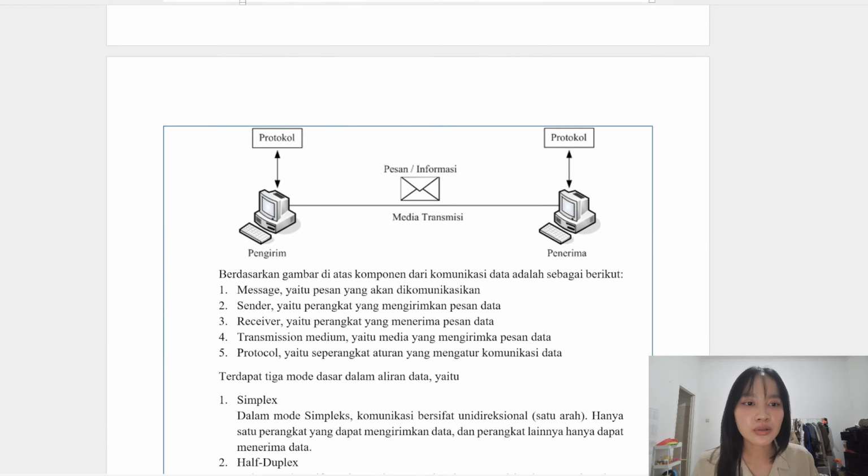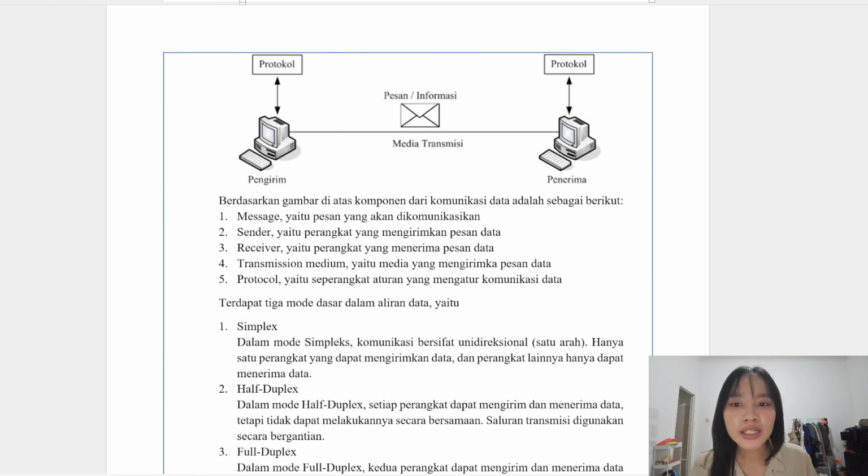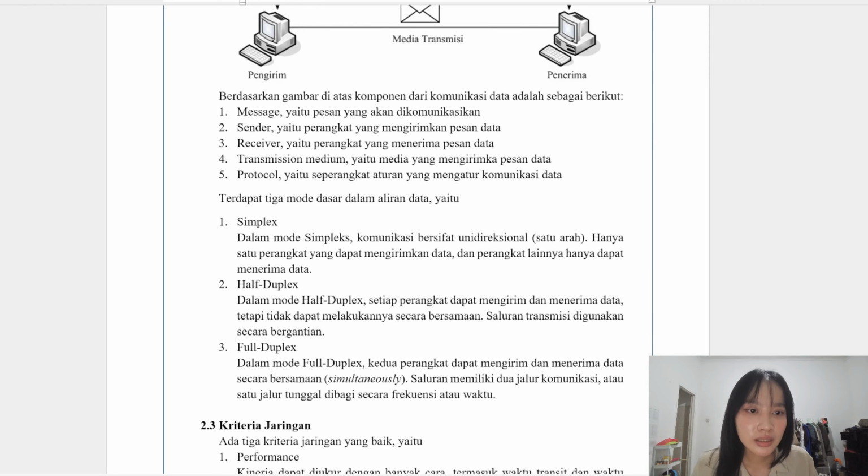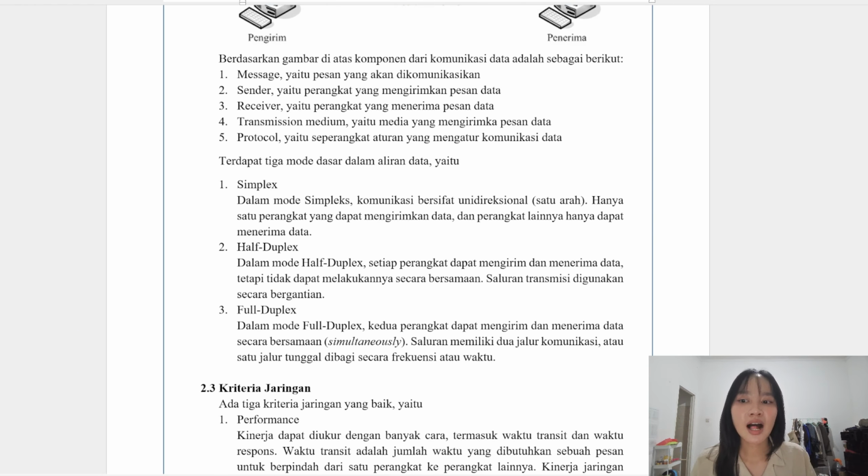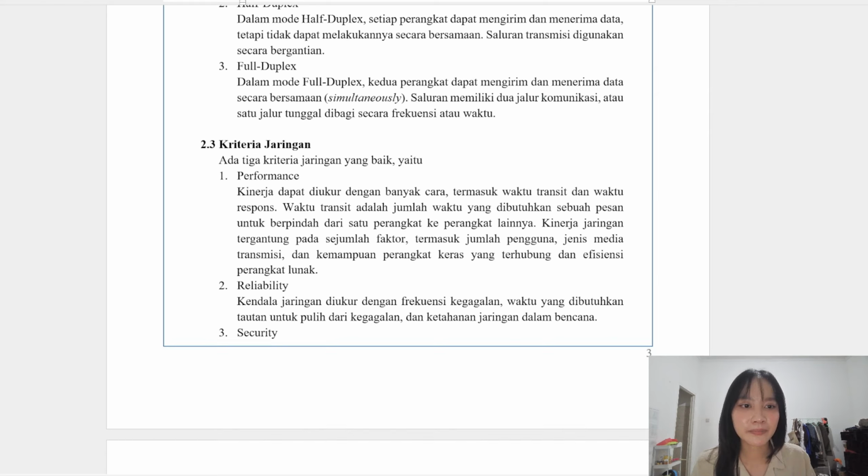And also, as you can see, we already display how two PCs can communicate. Based on the image above, the components of data communication are as follows: message, sender, receiver, transmission medium, and protocol. And there are three basic modes in the data flow, namely simplex, half duplex, and full duplex.